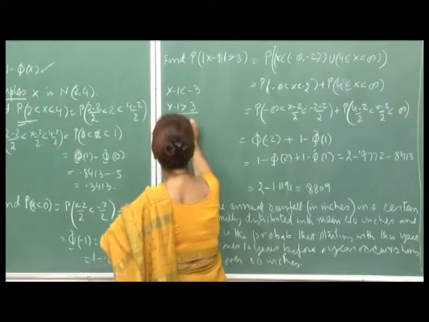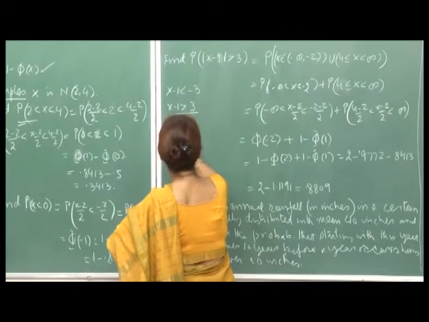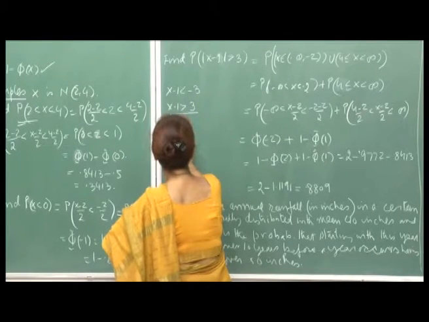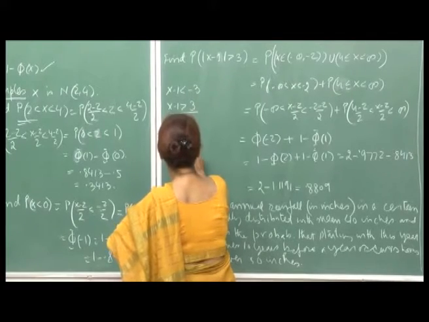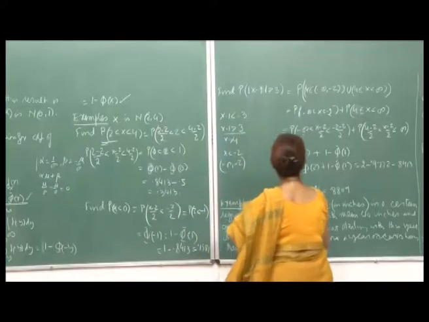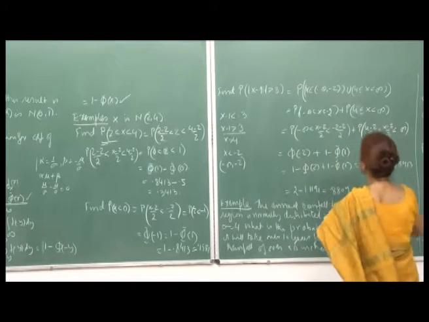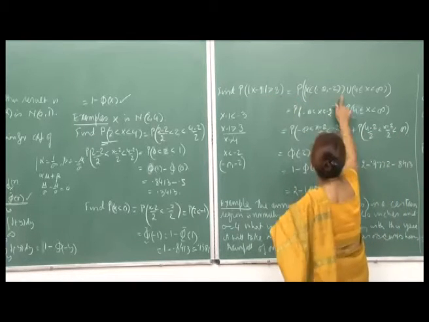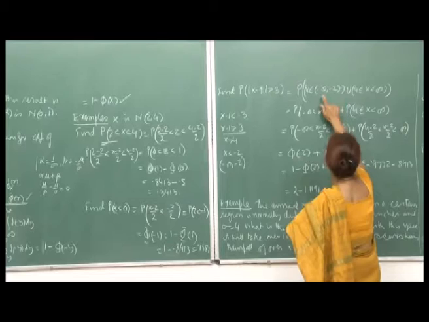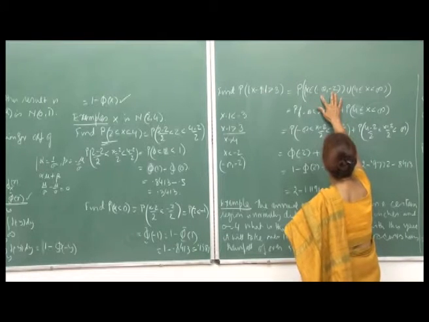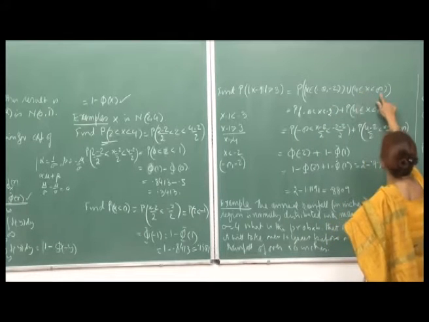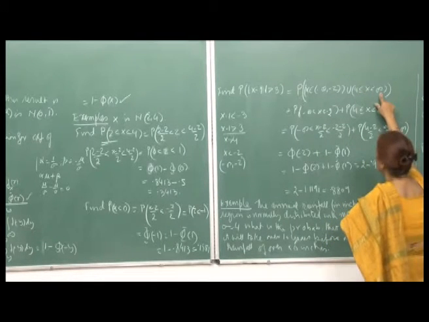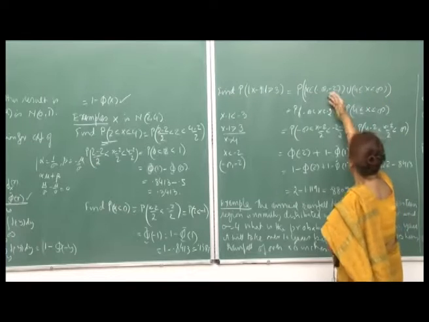That x should be greater than 4, so from 4 to infinity, and from here you get that x should be less than minus 2, so from minus infinity to minus 2. So, I have written that this event is equal to x being either in minus infinity to minus 2, or in the set 4 to infinity. I have used a different notation here than before, it does not matter.